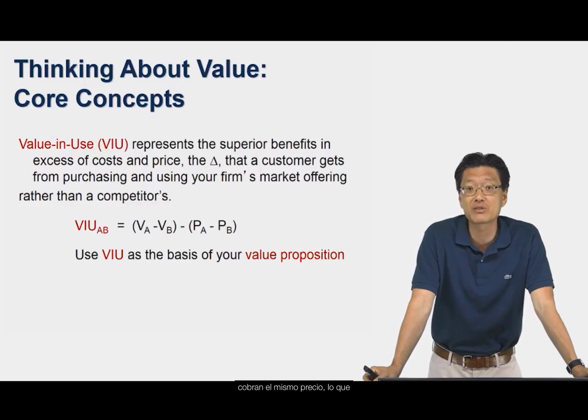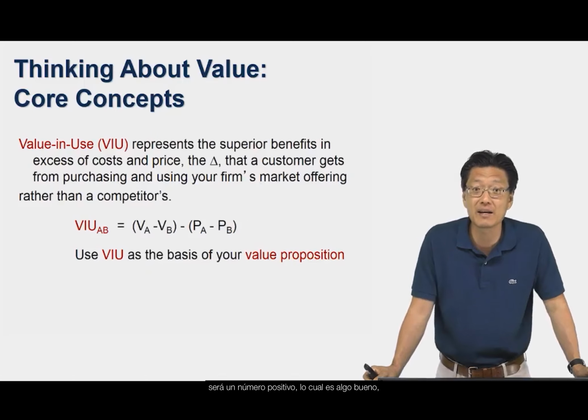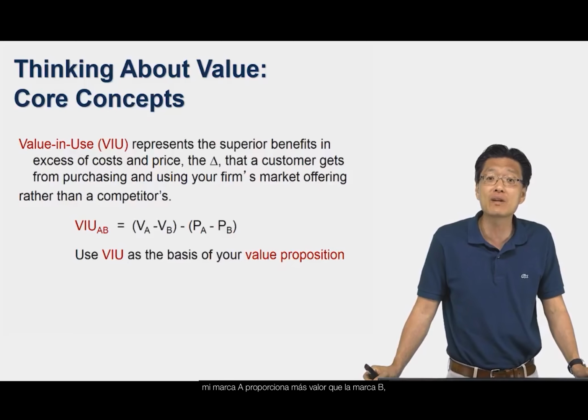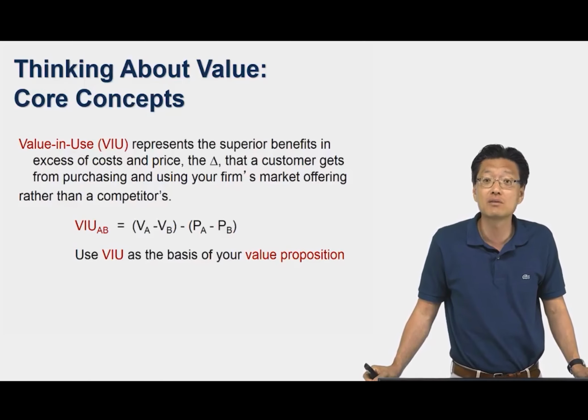They charge the same price. So PA minus PB is equal to 0, and VA minus VB is a positive number. So then this whole thing, VIU_AB, will be a positive number, which is a good thing. That means my brand A is providing more value than brand B, taking into account any price differential.